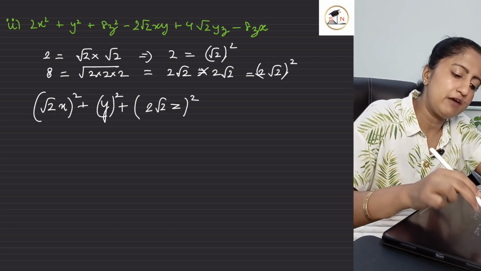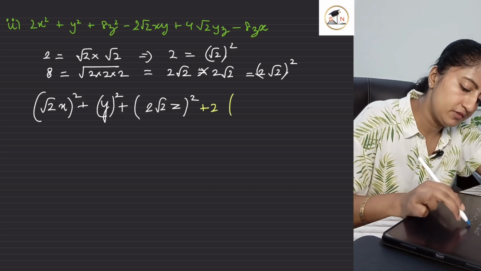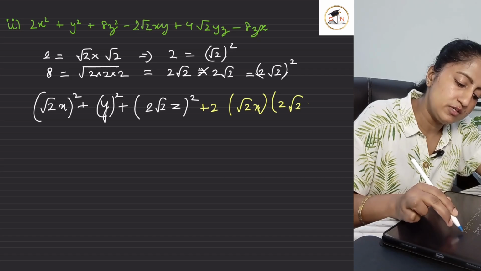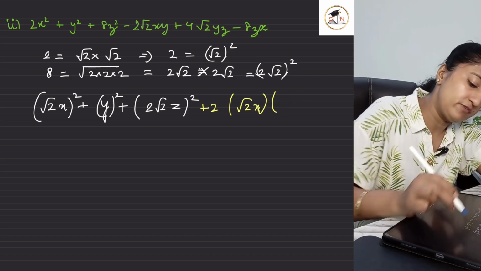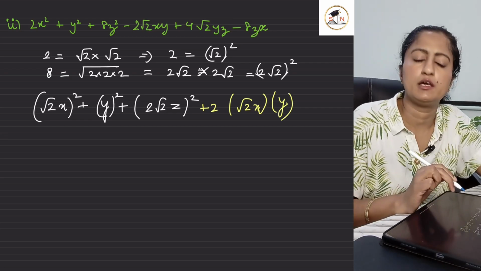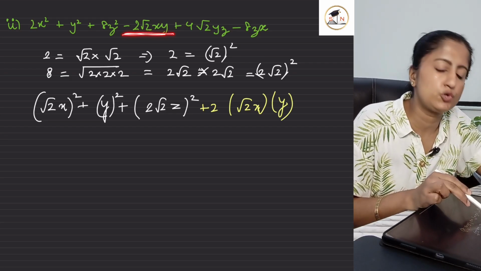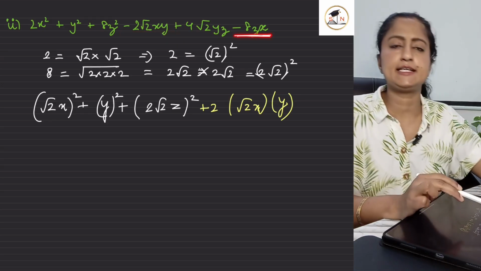Then we have to talk about the products. So we get 2 into √2x into y. Sorry, it was supposed to be y, so we have y over here. Now the question says minus 2√2xy, and then we have another term, minus 8zx.